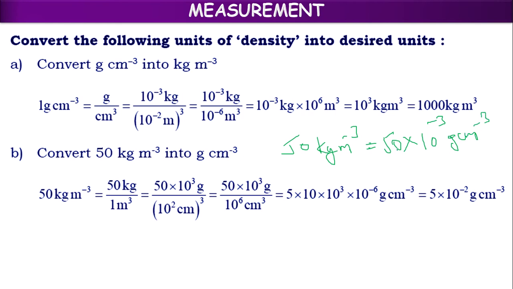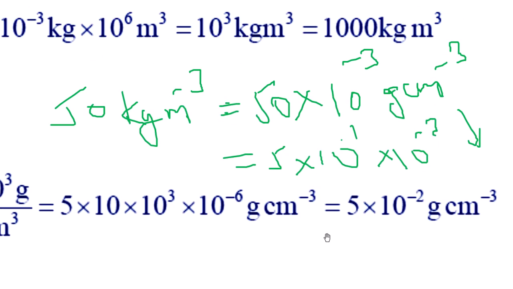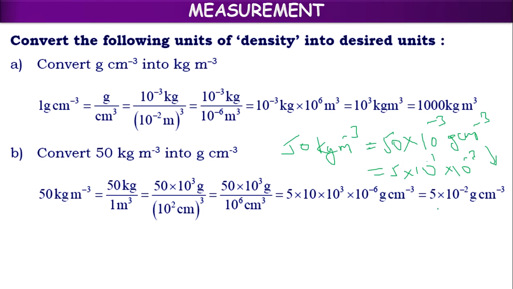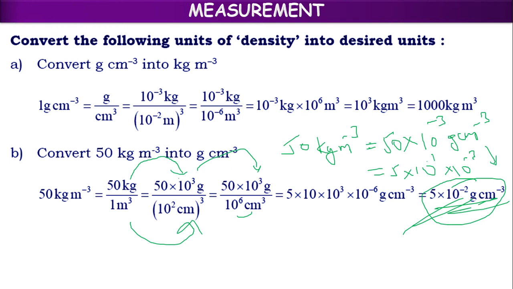So 5 into 10 power 1 into 10 power minus 3 gram per centimeter cube. 1 plus minus 3 is minus 2. So directly we can write 5 into 10 power minus 2 gram per centimeter to the power of minus 3. So directly we will get the answer. Instead of changing kilogram into gram, meter into centimeter, again converting all, if you remember this shortcut, you can solve the problems directly.